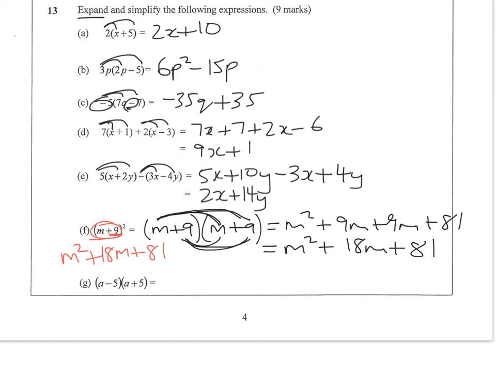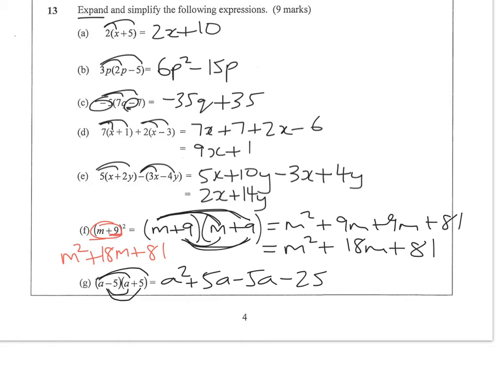G, which is the difference of two squares. Again, the slower way would be a times a, a squared, a times 5, 5a, and it is a positive. Negative 5 times a is negative 5a. Negative 5 times positive 5 is negative 25. Collect like terms.